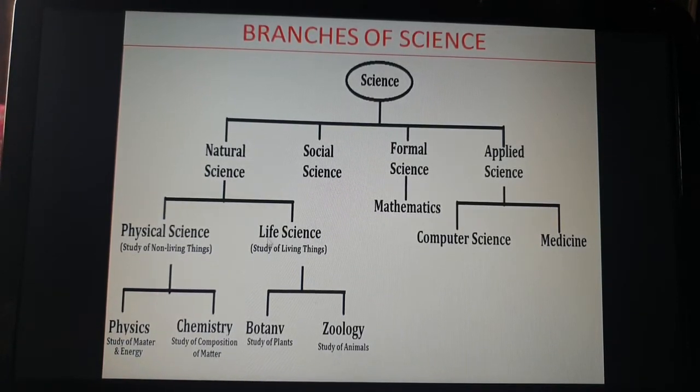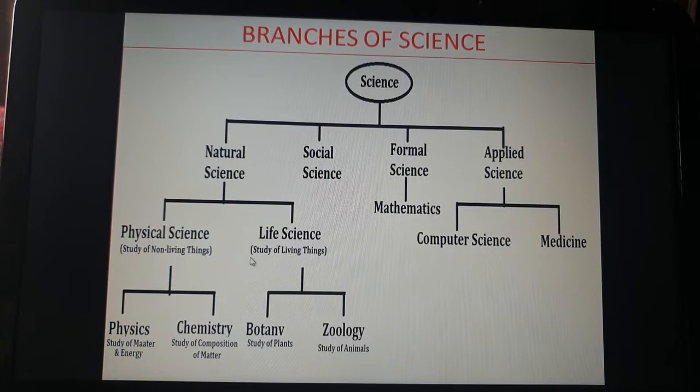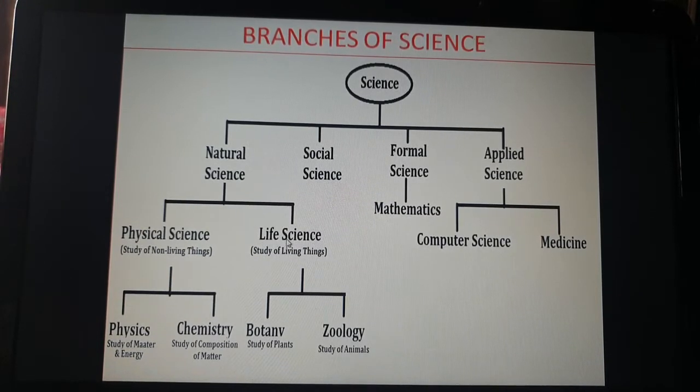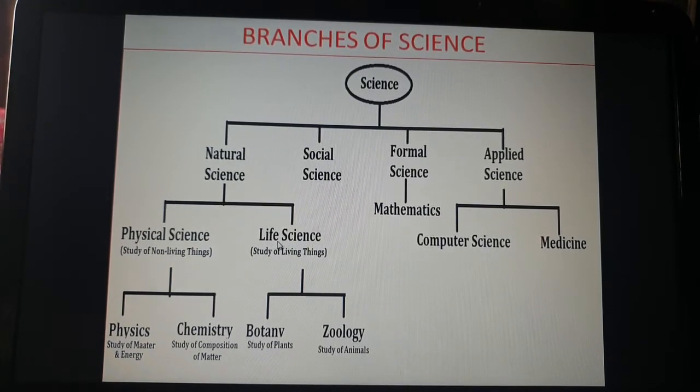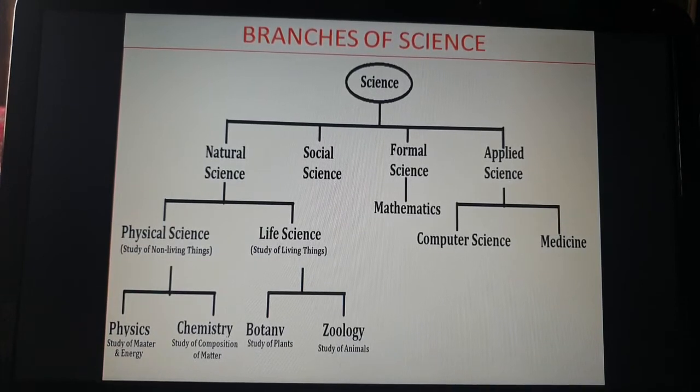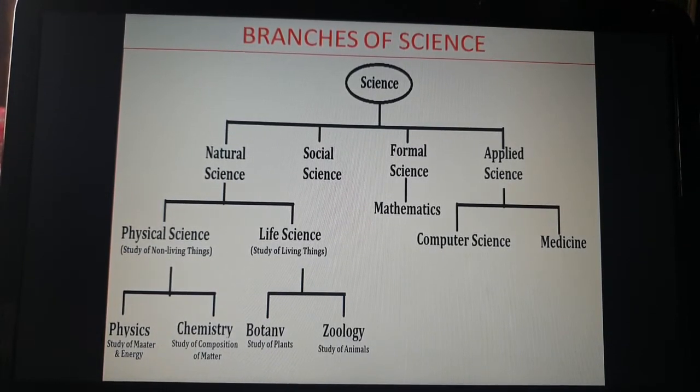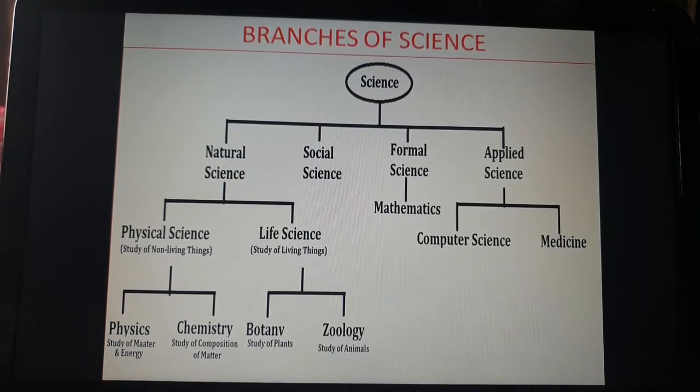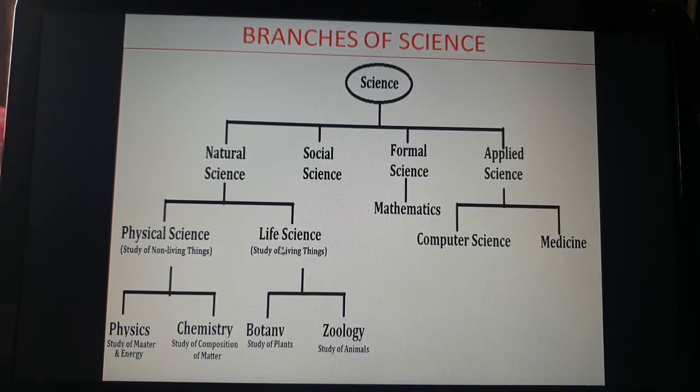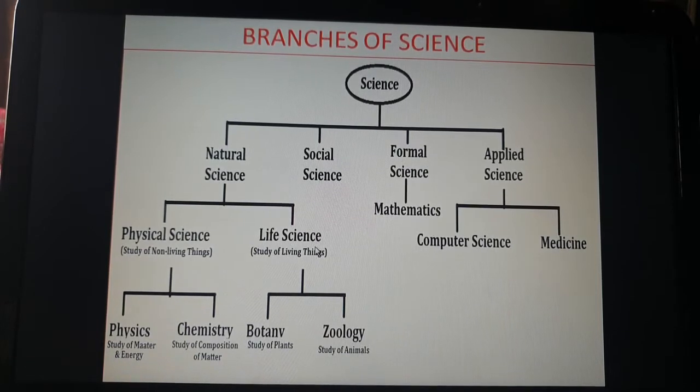Next is life science. As the name itself tells, it is about life, that is, things which have life, like human beings, animals and plants. This study is called life science, the study of living things.